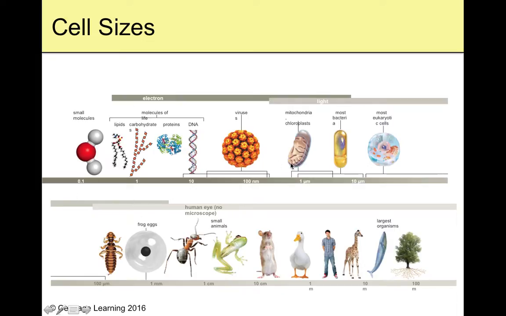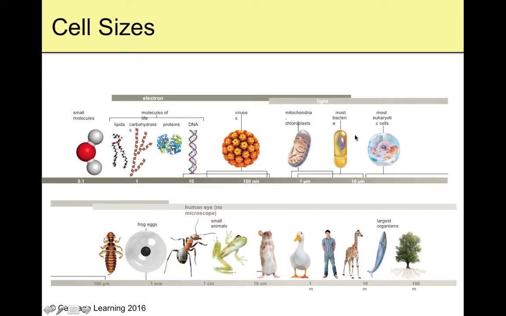So here's the scale that we're looking at. This is a couple meters tall. As you move down to about frog eggs and some sort of aquatic nymph stage of an insect, that stuff you can see with the naked eye. Down to the really small insects in rivers, we're not going to quite be able to see them with the naked eye.